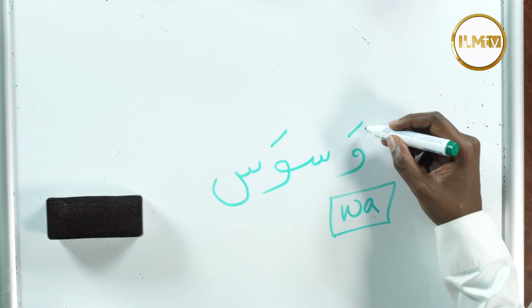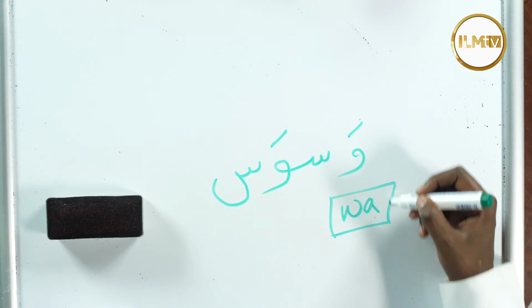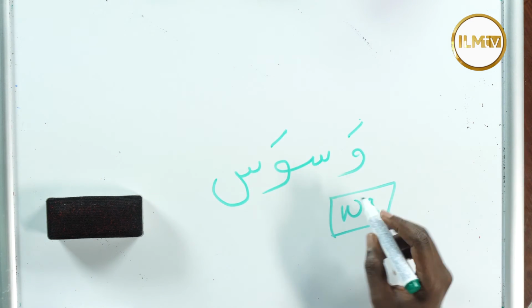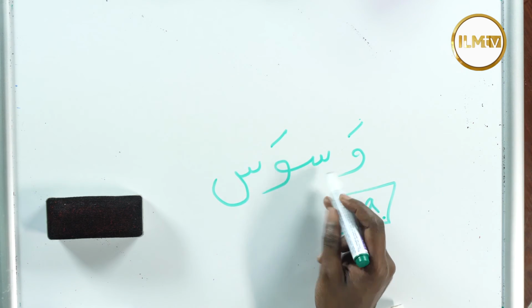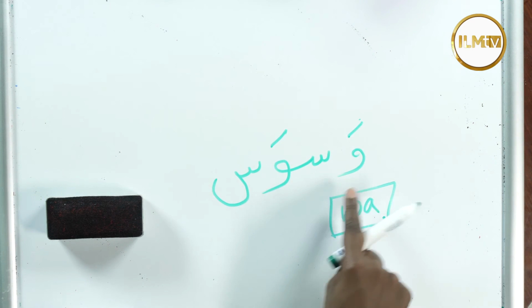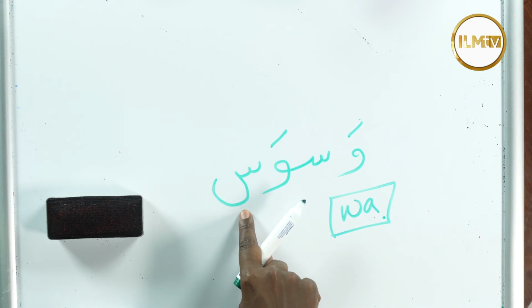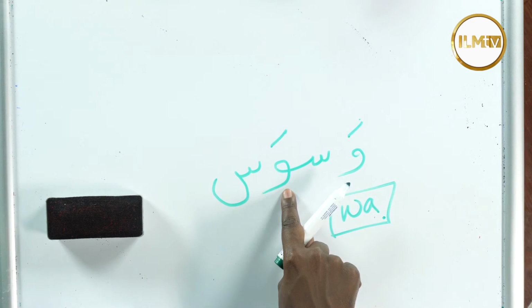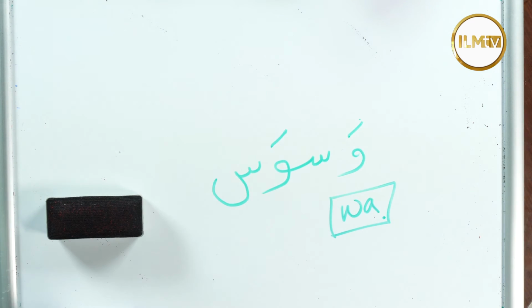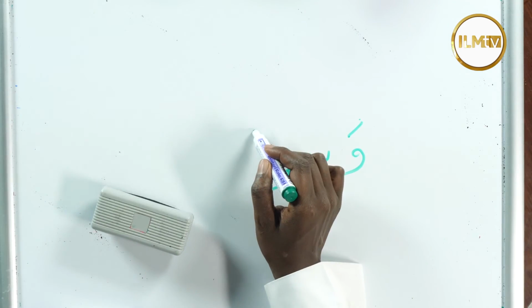So waw, fatha, wa. Sin. Was. Okay, let's modify this. We have an alif here and see what happens.